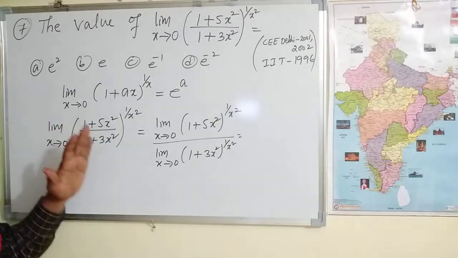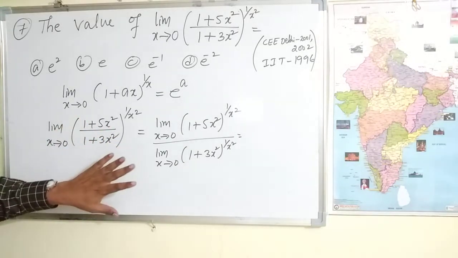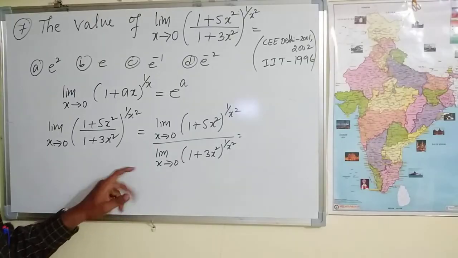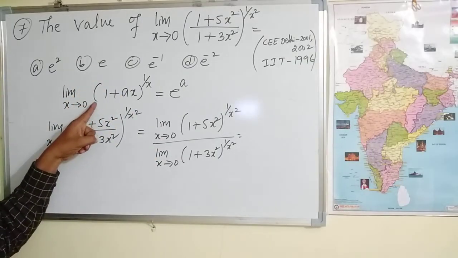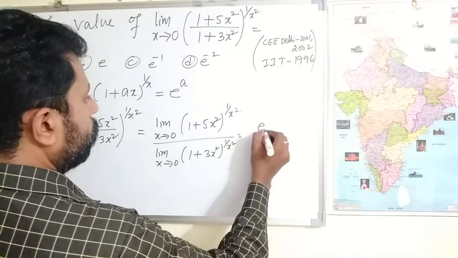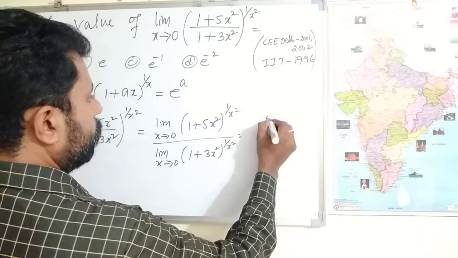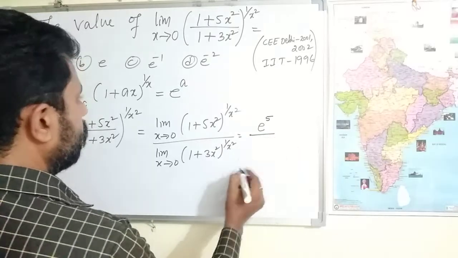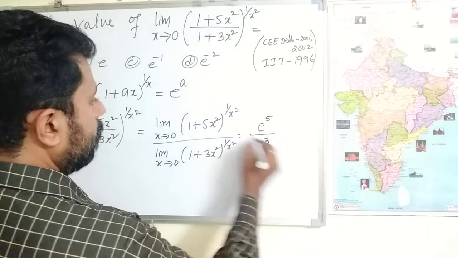Now compare this result with the standard form, we get e to the power 5 divided by e to the power 3.